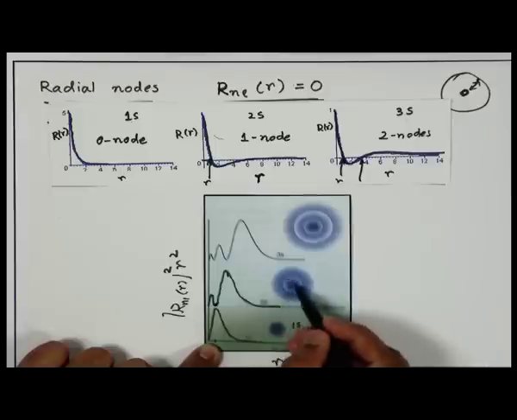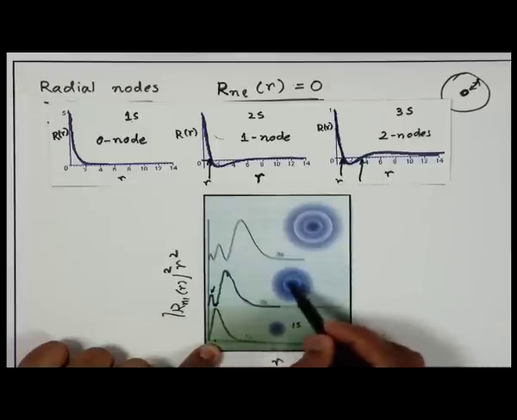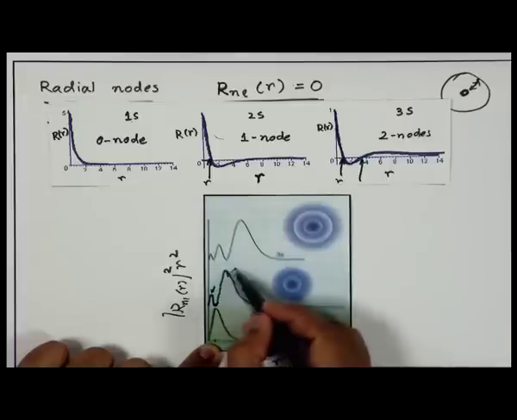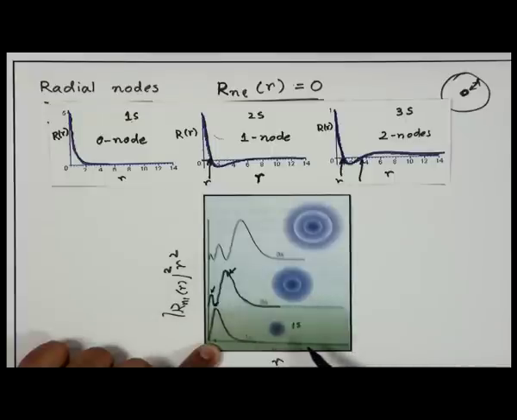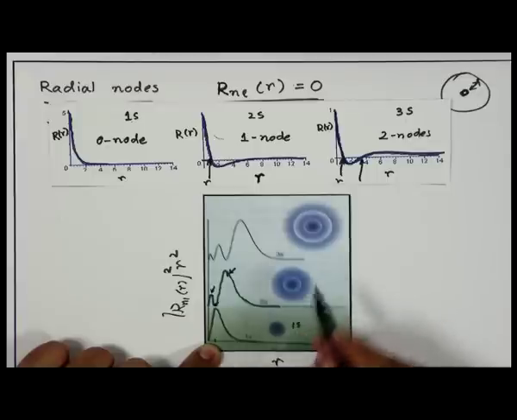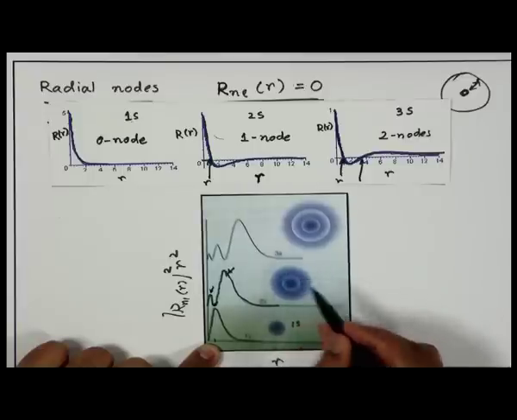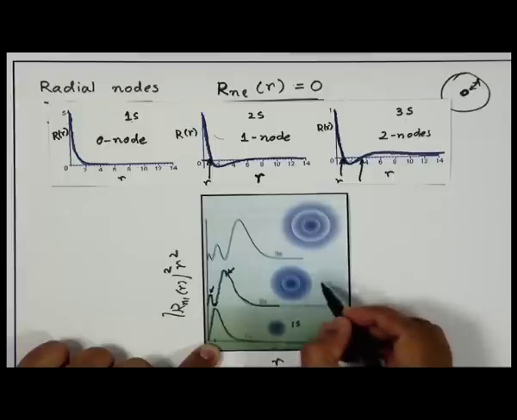This central sphere identifies this region, and the second sphere beyond that is due to this probability distribution. And in between the two spheres, there is a region where the electron is not found, and that is called a node. So, the white region that you see in this picture is a radial node. So, this is in 2s.